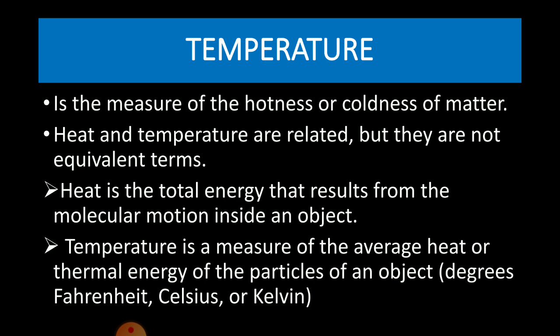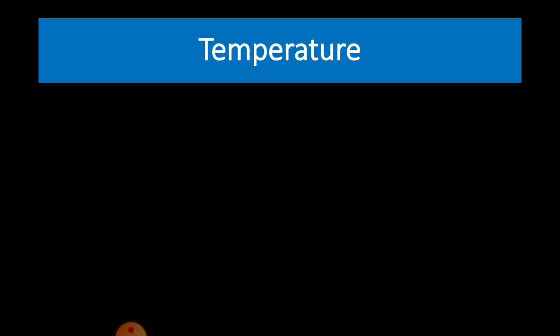So it may be expressed in degrees Fahrenheit, degrees Celsius, or Kelvin. We have here the following conversions on temperature. We have from degrees Fahrenheit to degrees Celsius. That is, degrees Celsius is equal to the quantity degrees Fahrenheit minus 32 divided by 1.8.